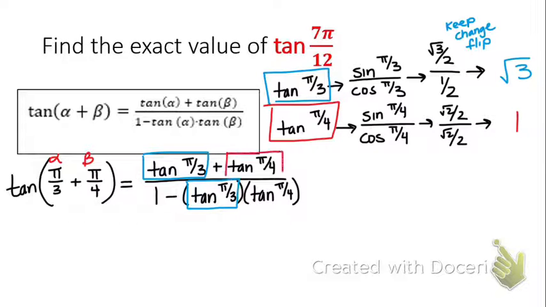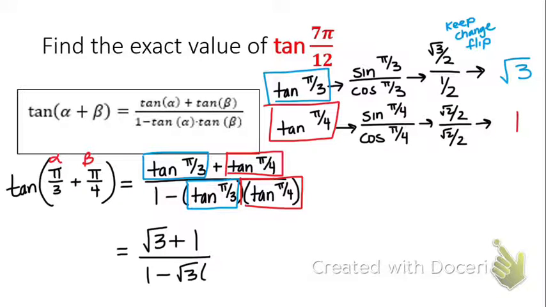So this becomes a 1, and this becomes a 1. So let's rewrite that. So this is going to equal root 3 plus 1 over 1 minus root 3 times 1.